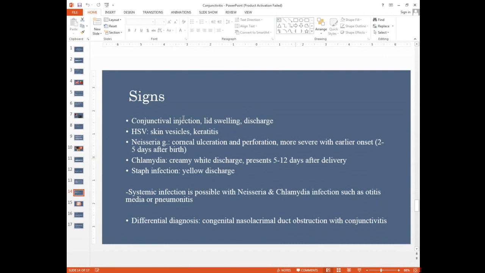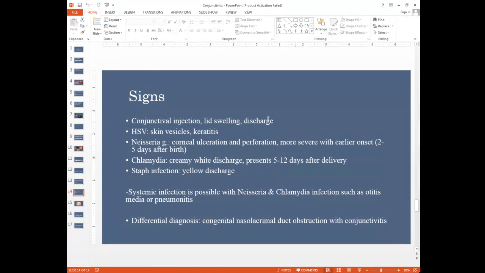All right, so I've listed some of the typical features of each organism. I also listed at the bottom here that a differential diagnosis is nasolacrimal duct obstruction with conjunctivitis.